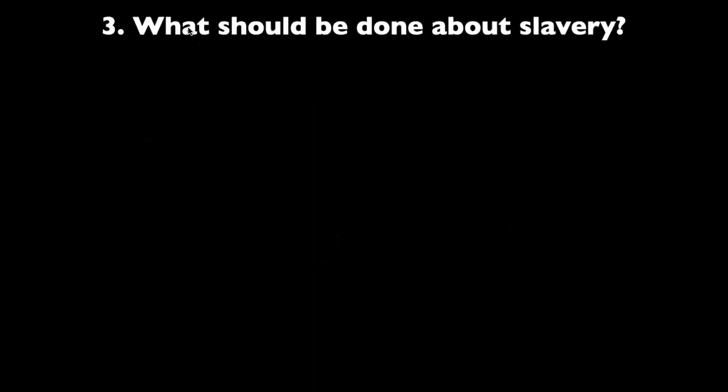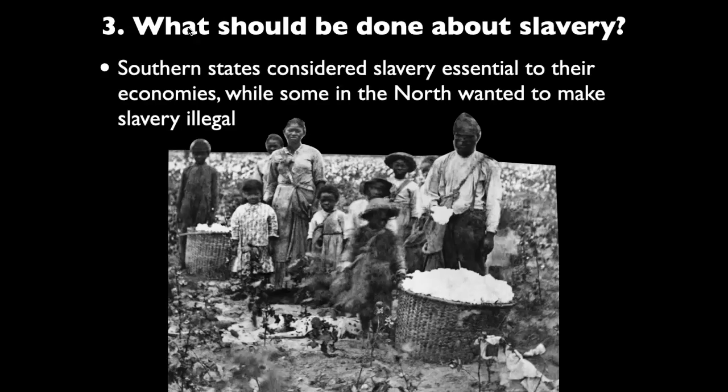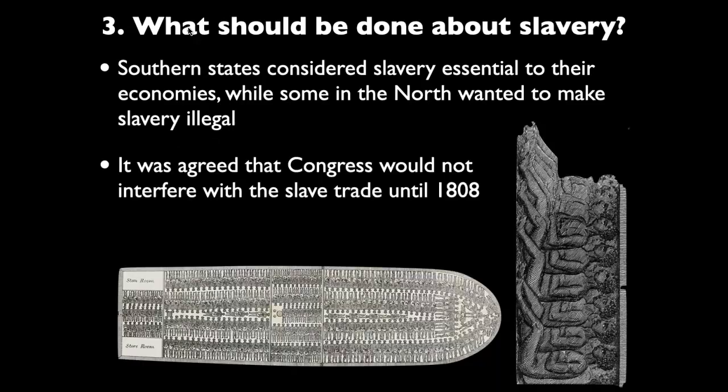There's also the question of slavery. What should be done about this quote unquote peculiar institution? The South, of course, considered slavery essential to their cash crop based plantation economy, and they wanted to make sure that it was preserved. The North was kind of a mixed bag. Some were okay with slavery continuing, others wanted to make it illegal, or at least make the trade of slaves illegal, if not the institution itself.